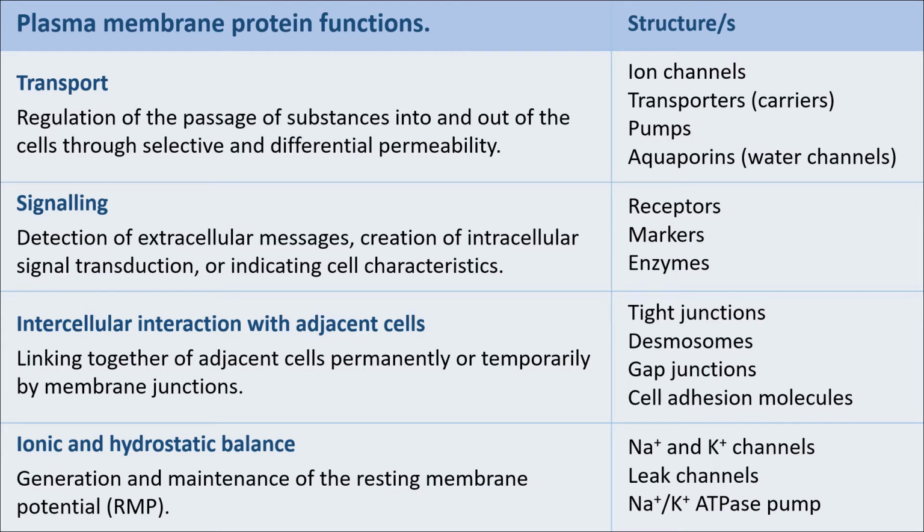But we have a hydrostatic balance. We have an isotonic situation between the intracellular and the extracellular compartments, whereby we have no net movement of water. And that's important to maintain.